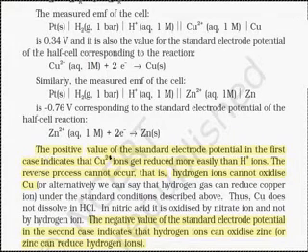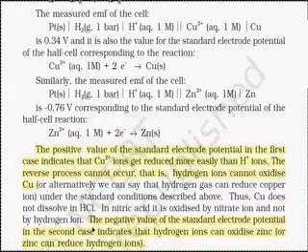Now here the positive value of standard electrode potential in the first case indicates that Cu2 plus ions get reduced more easily than H plus ions. The reverse process cannot occur. So Cu2 plus ions will be taken as cathode and the standard hydrogen electrode, that is SHE, will be taken as anode. That is, hydrogen ions cannot oxidize copper.